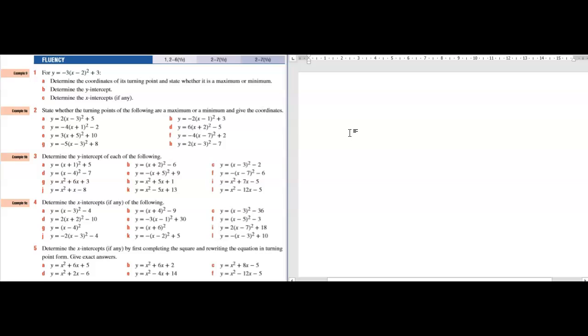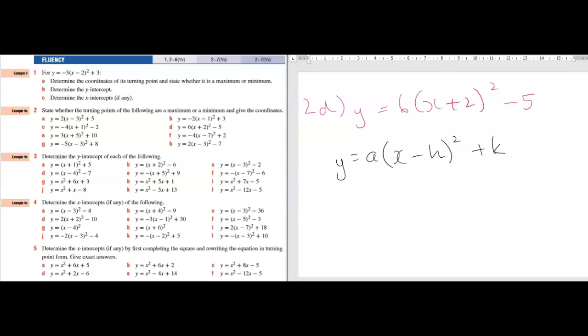So let's have a look at doing a positive. I might do D, because D is slightly different, and this can be confusing for some students. y equals 6(x plus 2) squared minus 5. Now remember the general form of a quadratic in turning point form.